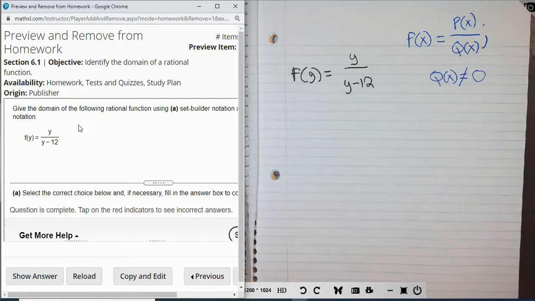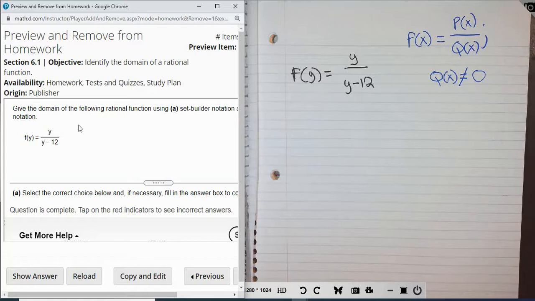As we said, in many cases, the domain of a function is assumed to be all real numbers. But there were a couple of cases that we discussed where the domain was restricted, and with a rational function there might be a situation where you have an excluded value. So that's particularly true of this function right here.